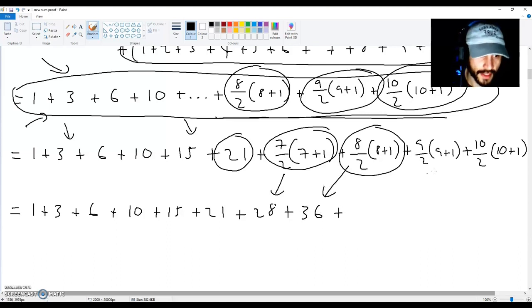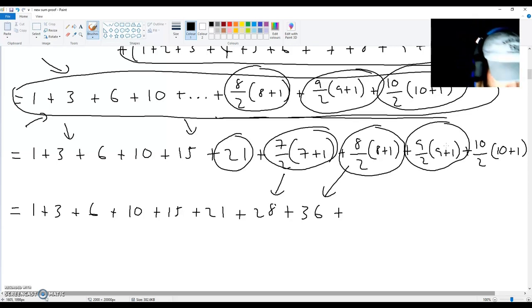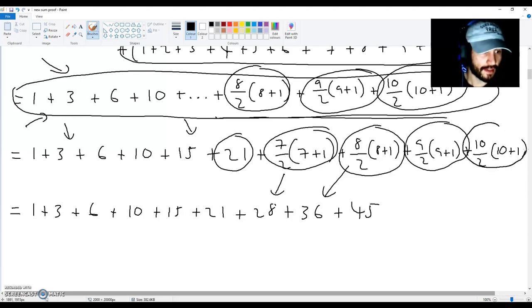So this over here is 36. This over here is 9 times 10, which is 90, divided by 2, that's going to be 45. And this over here is 10 times 11, divided by 2, and that's going to be 55.